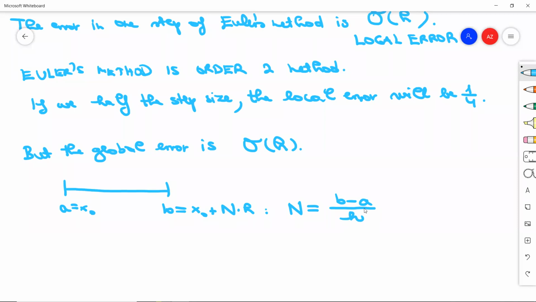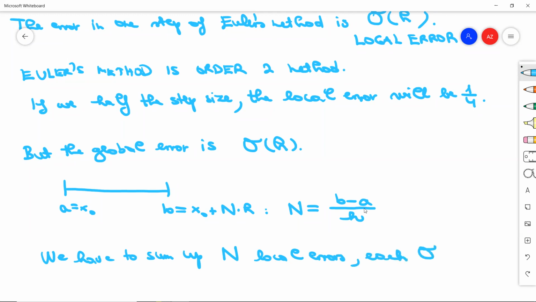This b minus a is given in advance. These are the endpoints of our interval. So we have to sum up capital N local errors, each O of h squared.